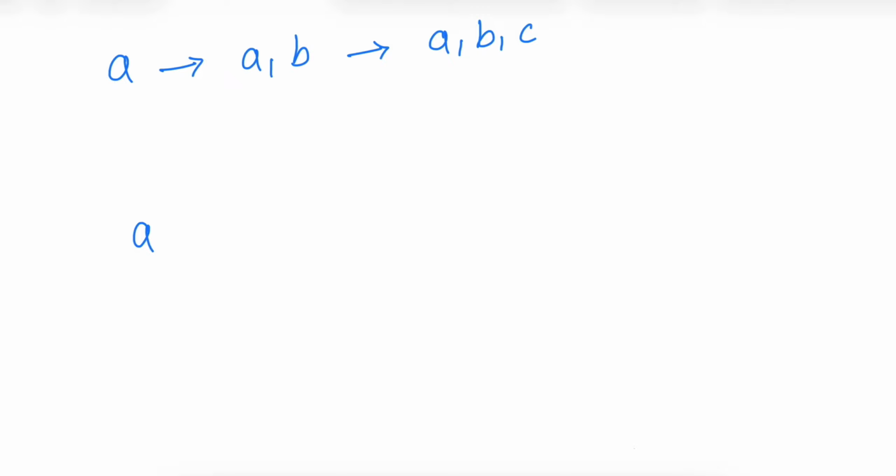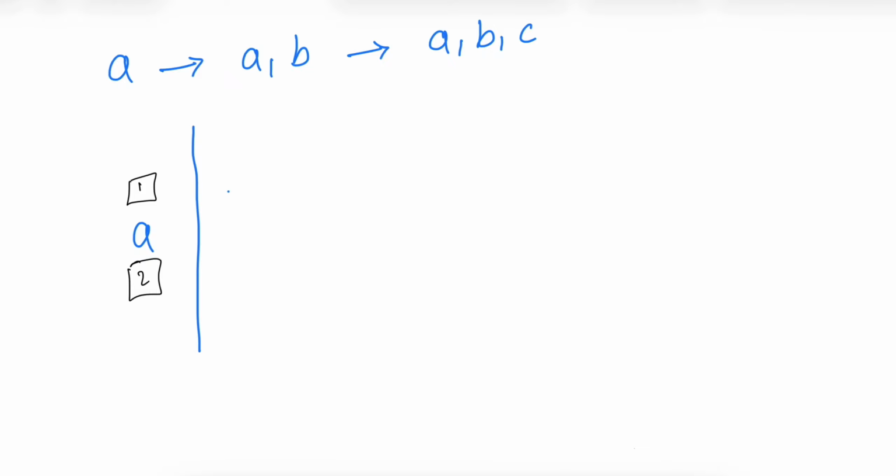Okay. So when the second kid wants to join the line, and A is already standing in the line, he'll have two options, right? Either he can stand before A, or he can join after A. So he'll have two options.